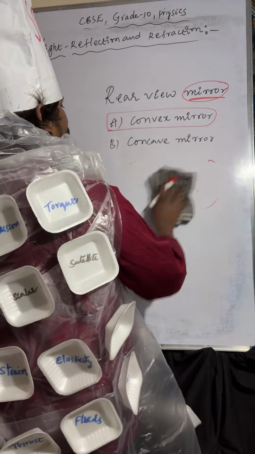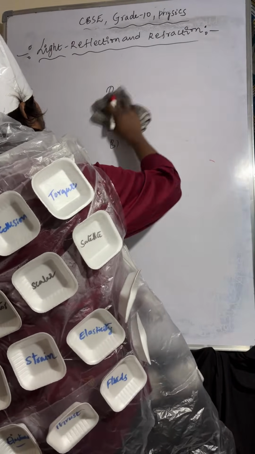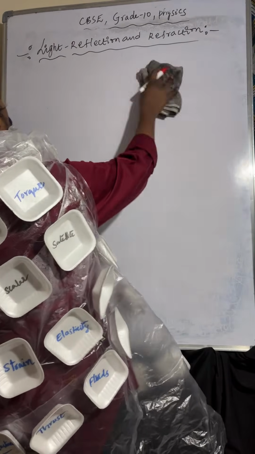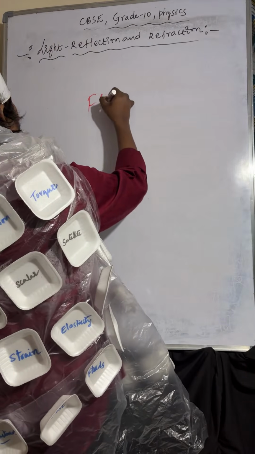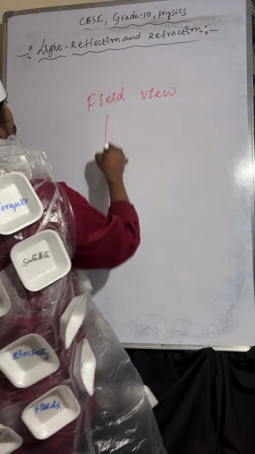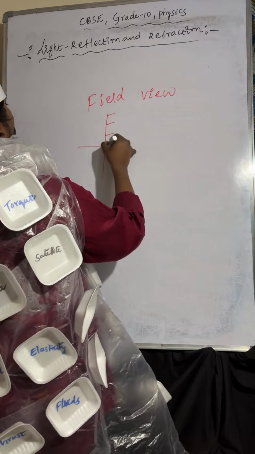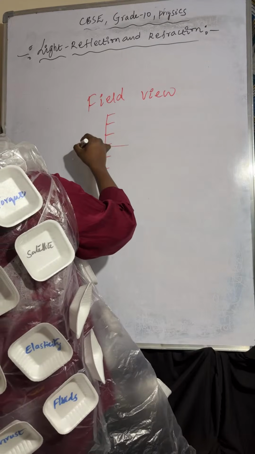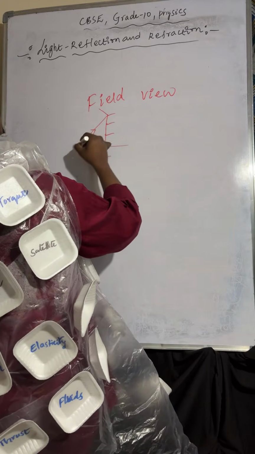So I'll explain field view. Field view is more for convex mirror. I'm taking the plane mirror, this is the plane mirror. These are the extreme reflected light rays.